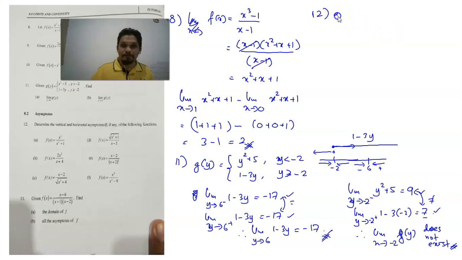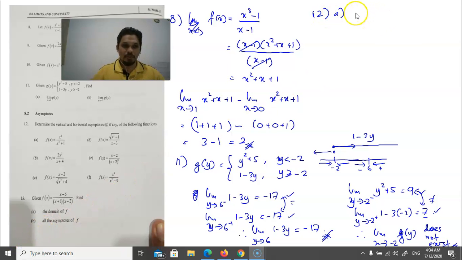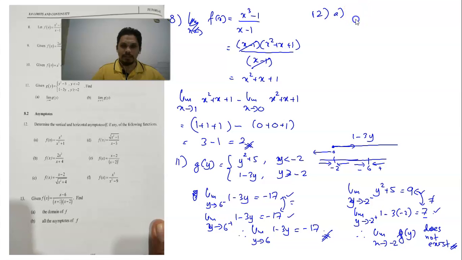Question A. Determine the vertical and horizontal asymptote, if any, of the following function. Question number 12a, the function f(x) equal to x squared divided by x squared plus 1.